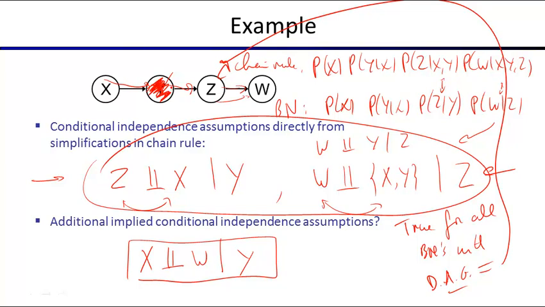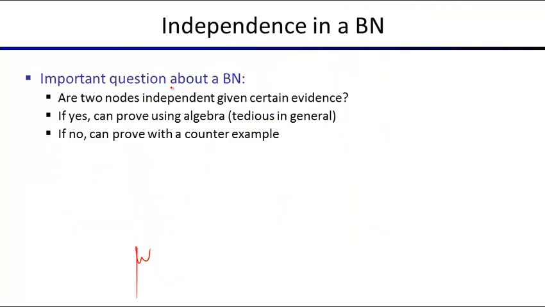So the question we're going to answer is, how do you recover which of these are guaranteed to be true? The type of question we'll look at is, are two nodes independent given certain evidence? If they are guaranteed to be independent, you can prove this by doing some algebra, and we'll see examples of this. It can be tedious.